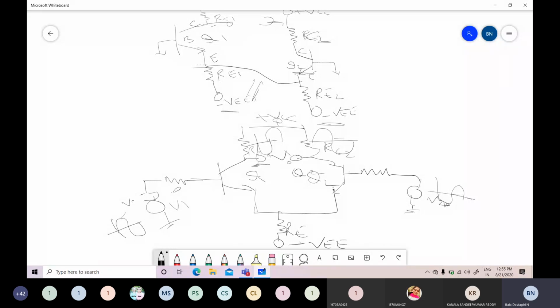While the output is taken across the two collectors of Q1 and Q2, the two output voltages are equal in magnitude but opposite in polarity. For example, you can see the output here is 10 volts and here it is minus 10 volts. Both outputs are equal in magnitude and opposite in polarity.